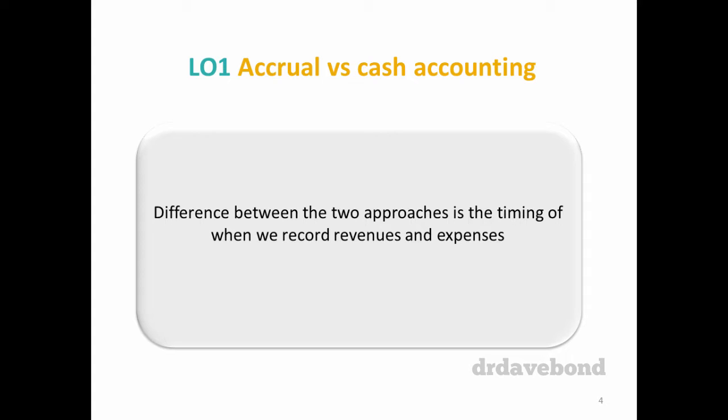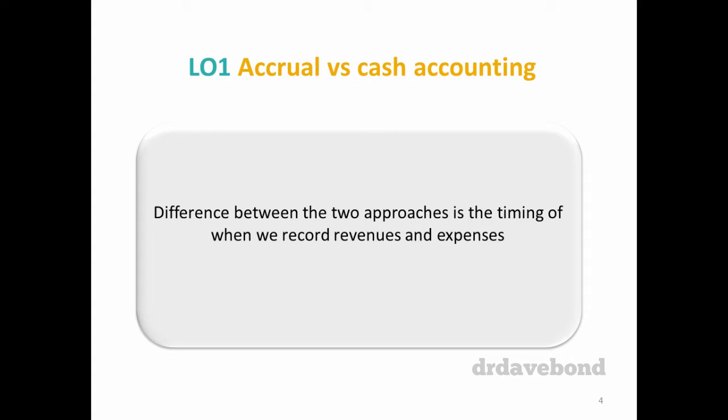I mean, that would be overkill for an individual. I use a cash-based system. I figure out how much money I get in from when I get paid, and how much money I pay out on my credit card bills and stuff. I'm not using accruals. So for individuals and small businesses, they use cash systems because it's cheaper and easier to do.